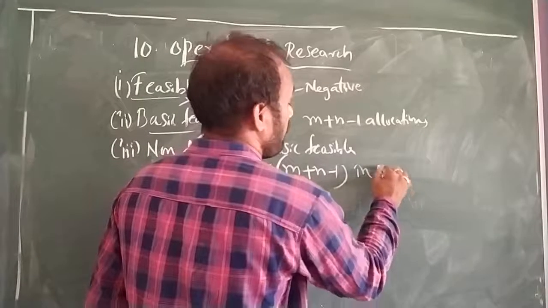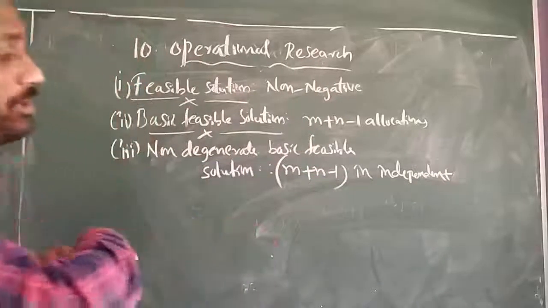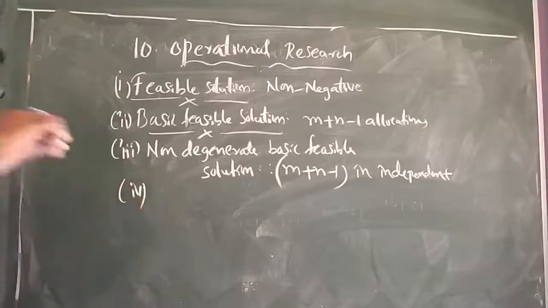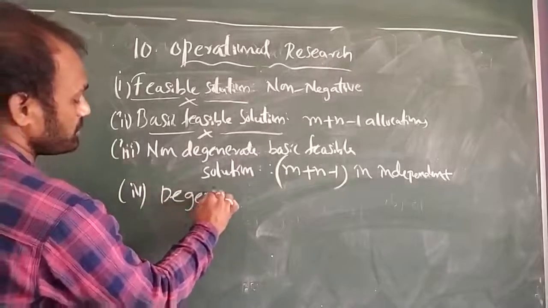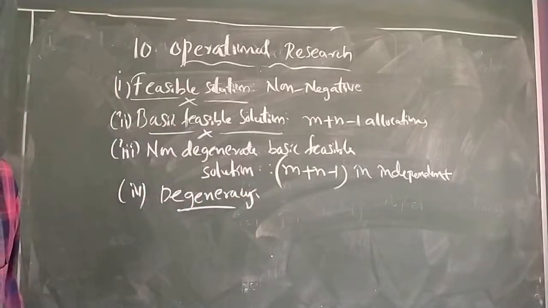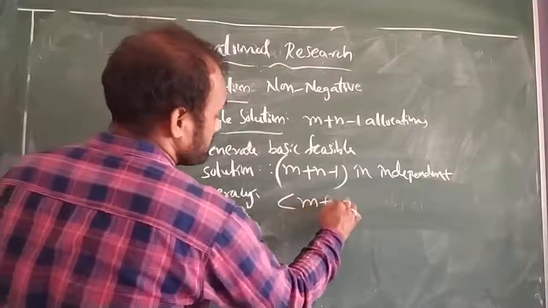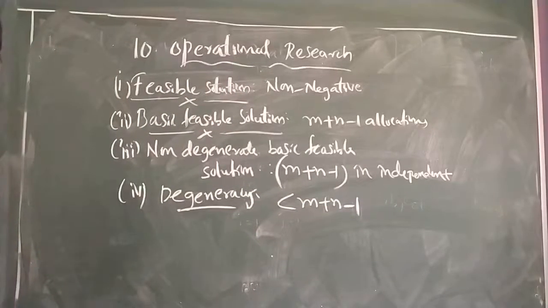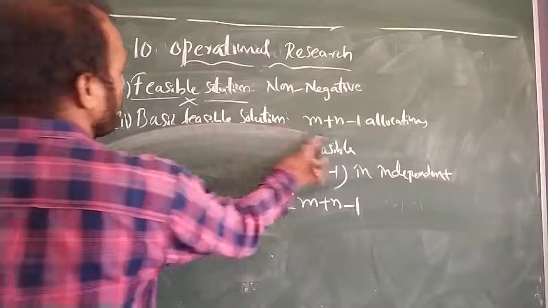That is the extra point here, the allocations may be anywhere in independent positions. Next, the fourth one is degeneracy. Degeneracy means the transportation problem contains less than M plus N minus 1 allocations. So these are the four basic parameters which we have to remember for solving this.